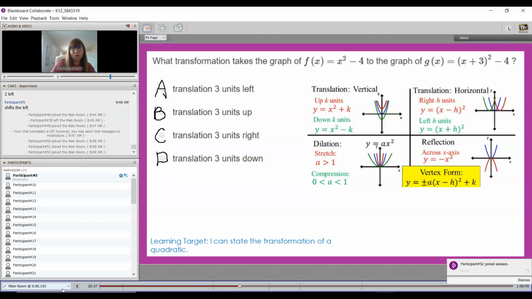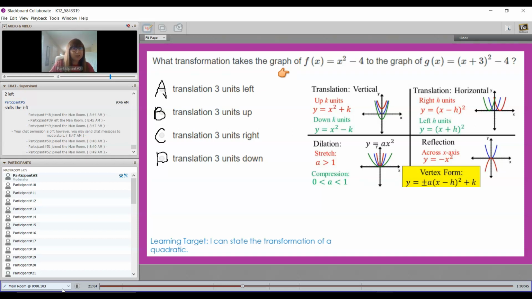All right, how are we doing? So look at this one. The f of x is the parent function in this situation, x squared minus 4. Then the new function, g of x, is x plus 3 squared minus 4. So how did it change going from f of x to g of x, and what kind of transformation would that have been? Go ahead and take a minute.